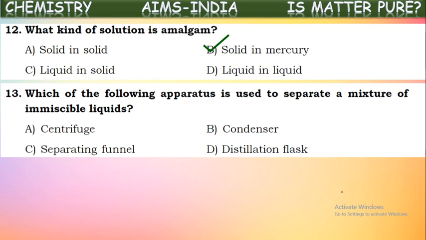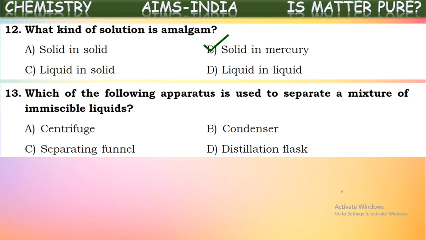For example, if you take oil and water or kerosene oil and water, even though you stir them well, they won't mix. They form two separate layers. The heavy liquid, water, will go down and the lighter liquid, oil or kerosene, will float on the water. Such liquids are called immiscible liquids.